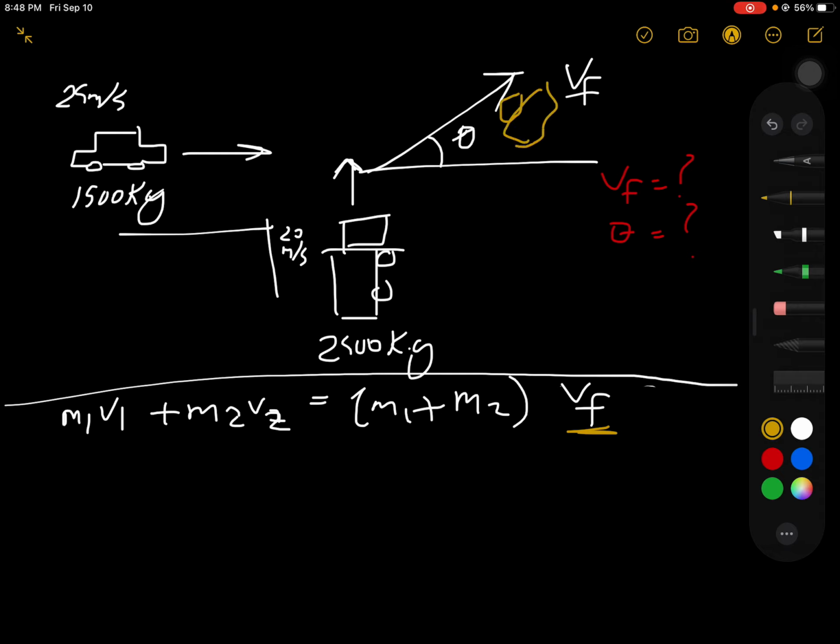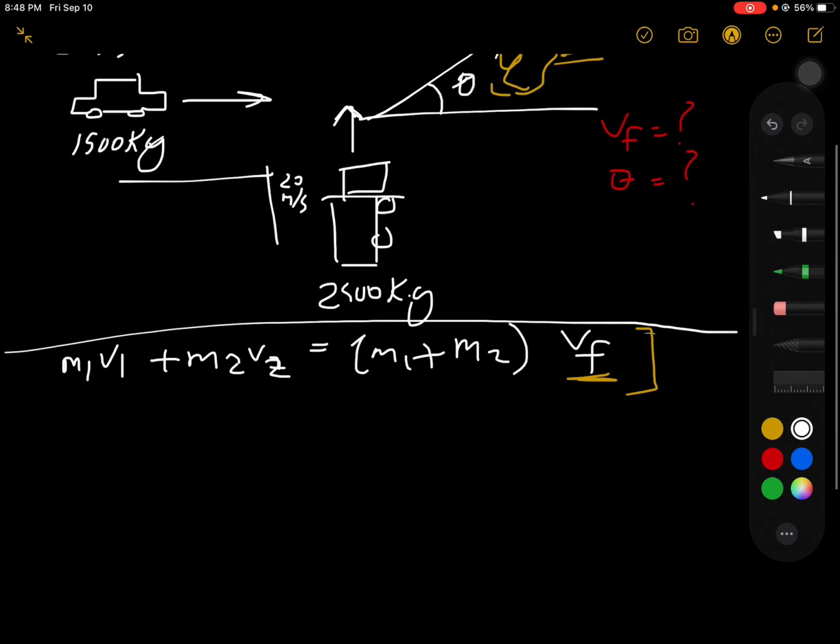Here will be the car and the truck after the collision, and they will move with the same speed, let's say vf. So this is the general equation, and in this example we have to work on x direction and y direction. So let's start with x direction.